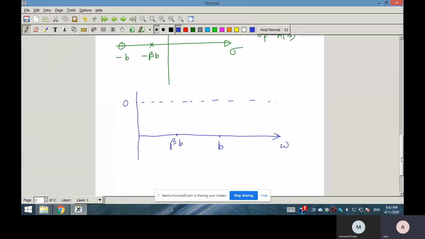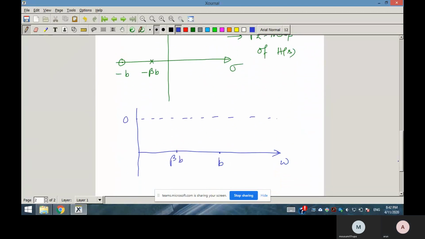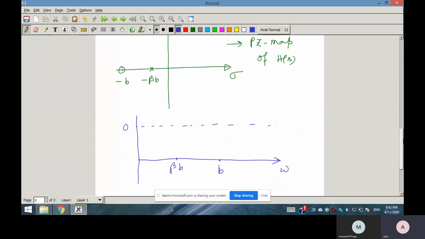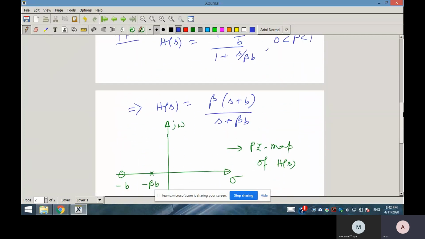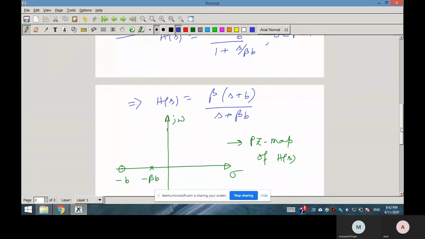Then what will happen? First the pole will dominate, because beta is less than 1. So because of this pole, first a minus 20 dB per decade slope will be there. So it will look like this.